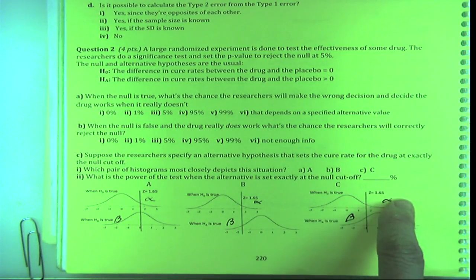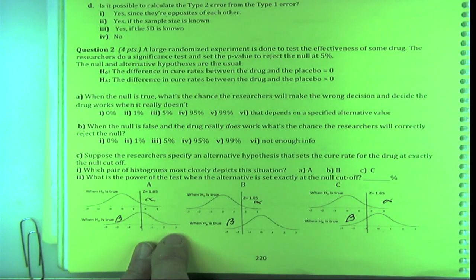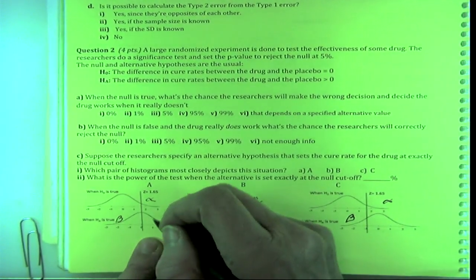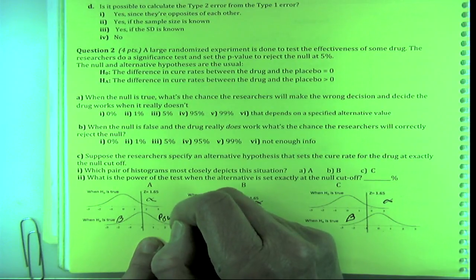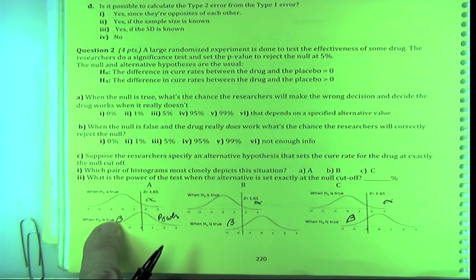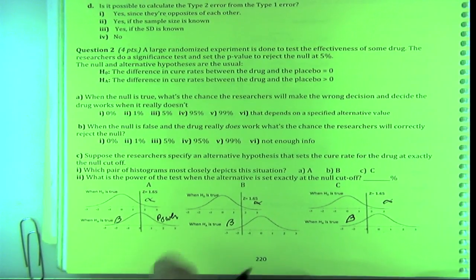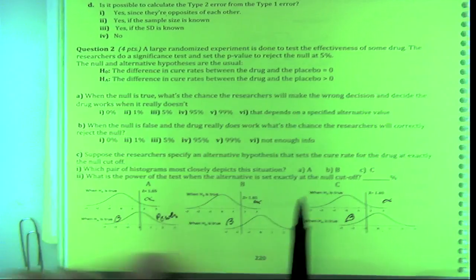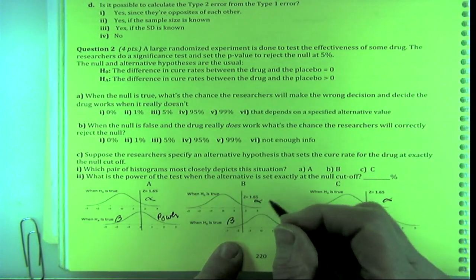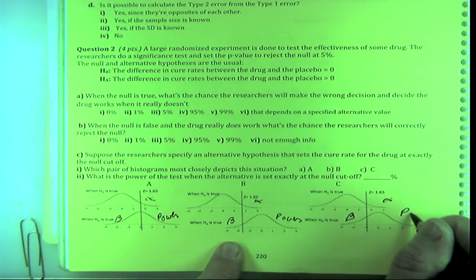And then, depending on what your alternative is here, if you're on this side, well, that's called the power of the test, the power to detect an effect that's really there. And this is your type 2 error. You're making a mistake. If the alternative is true, you want to decide on this side, right? So this would be your power on this side. This one has a much bigger power, etc.